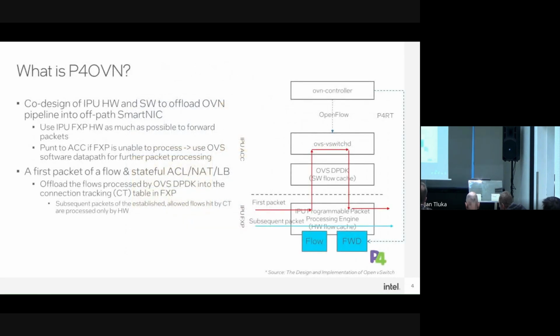Okay, so what is P4OVN? P4OVN is a co-design of IPU hardware and software to offload the OVN pipeline into an off-path SmartNIC, the IPU. The goal of P4OVN is to use IPU FXP as much as possible to forward packets in hardware.